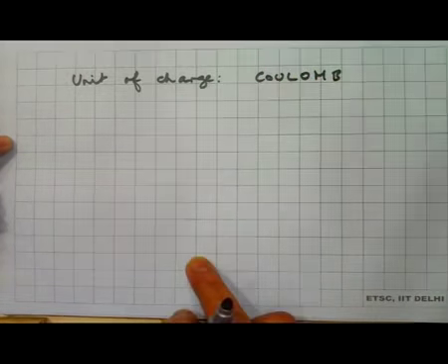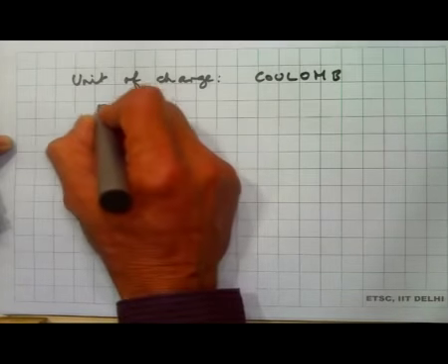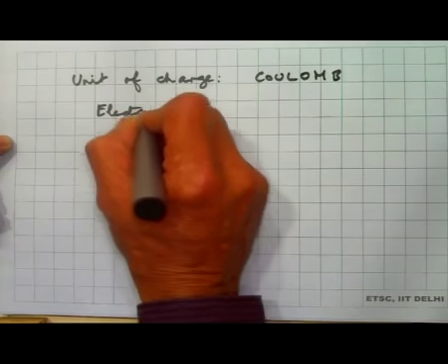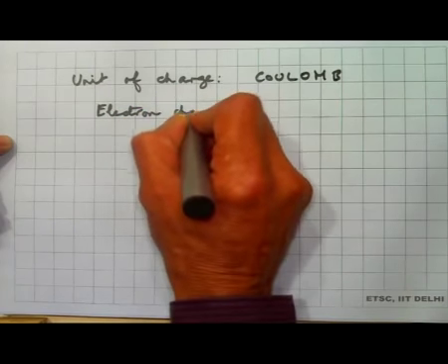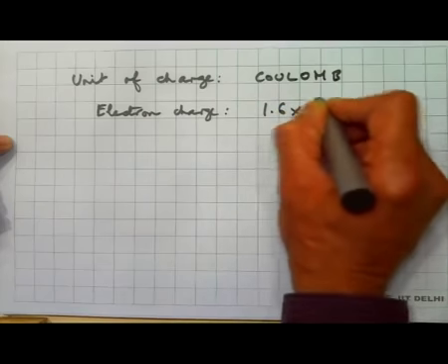But 1 Coulomb is a huge charge, because you remember one electron charge in magnitude is 1.6 × 10 to the minus 19 coulombs.